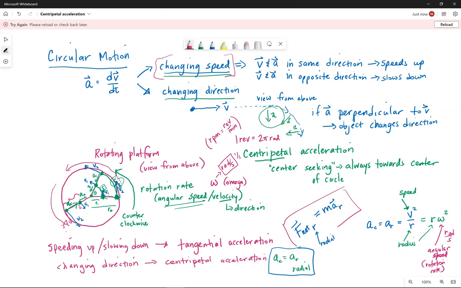We have contact forces, field forces, whatever forces are working together to change the velocity in terms of changing direction are the forces that are creating this acceleration. So we'll go through some examples and the approach. Again, watch for the consistent approach, because I will approach problems similarly every time. And that approach will work as you approach the problems as well.